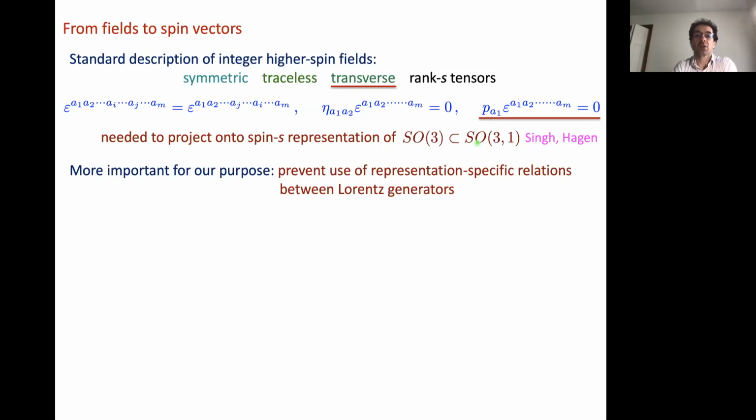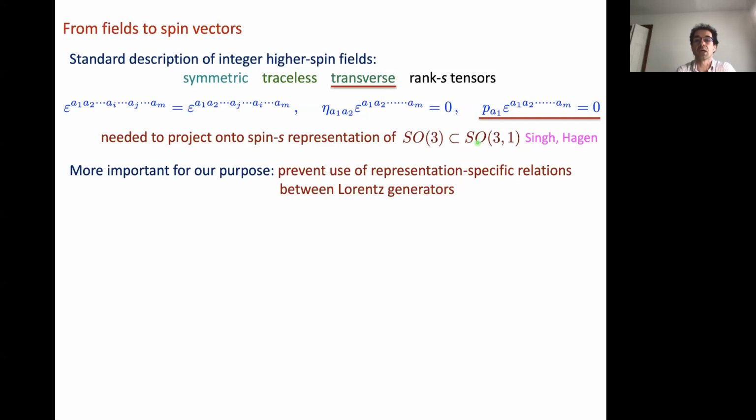However, for the purpose of identifying a classical spin vector, this projection is not entirely relevant, because the spin vector is a continuous quantity as a classical object. The only thing that we really care about is a magnitude, which we are going to call S, but it doesn't really need to be correlated with the spin of the quantum field. And also a direction, which we're going to construct in some way that will become clear in a second.